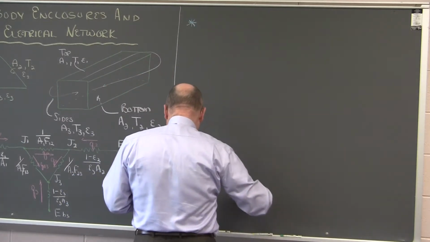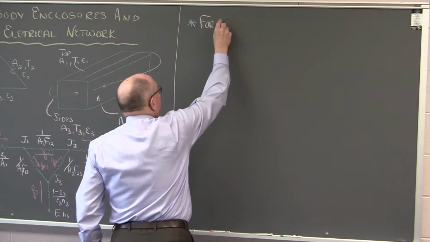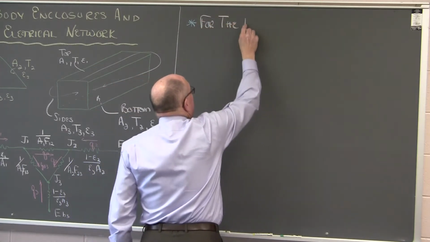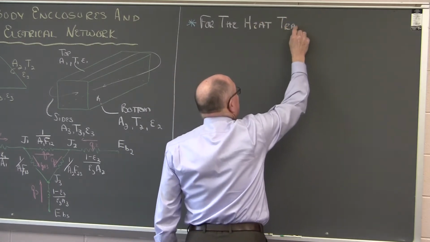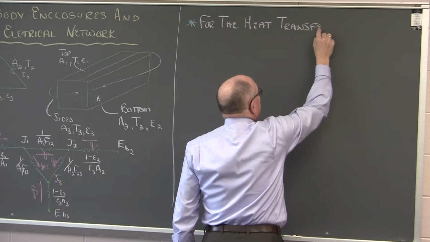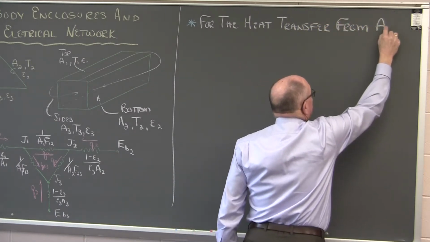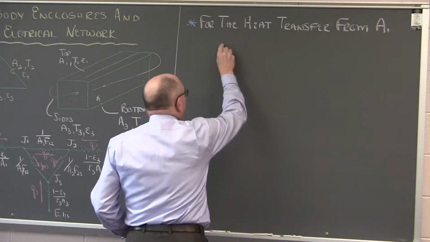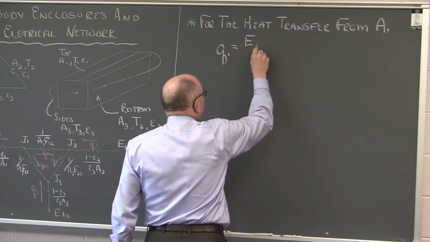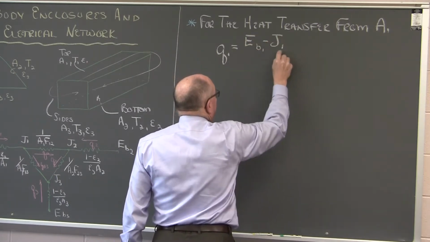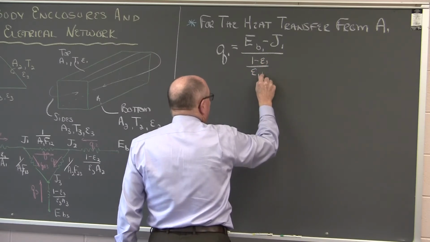from last time's class, you can gather this for the heat transfer from surface 1. We have Q1, which would be equal to Eb1 minus J1 over 1 minus epsilon 1 over epsilon 1 A1.